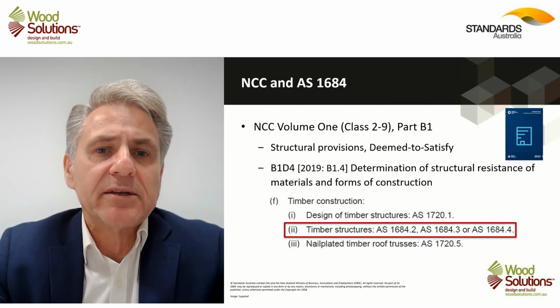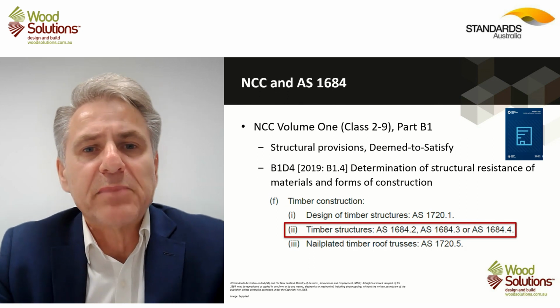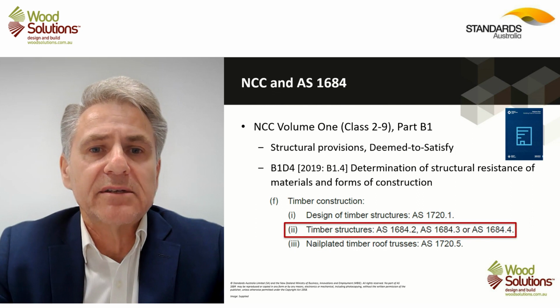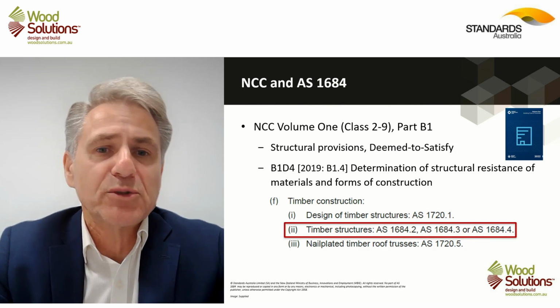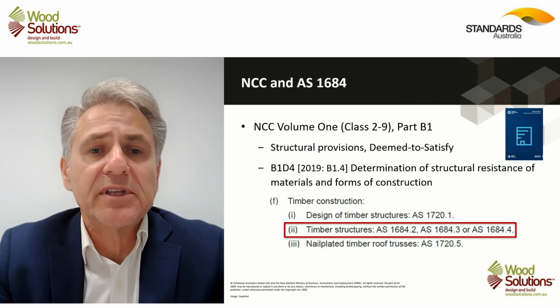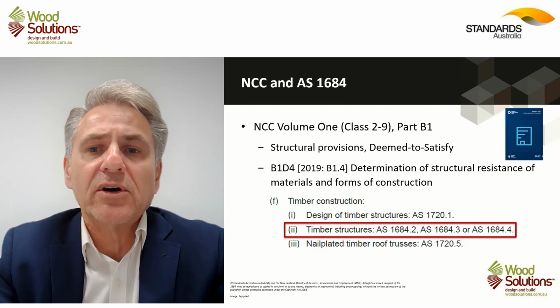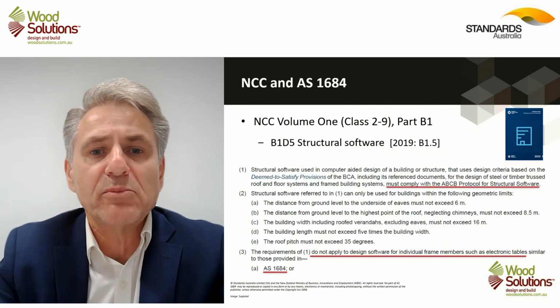Under Volume 1, specifically under Part B1, which talks about structural provisions, the AS 1684 suite of standards provided there is deemed to satisfy documents. So we can use those documents in the design of these commercial style buildings.